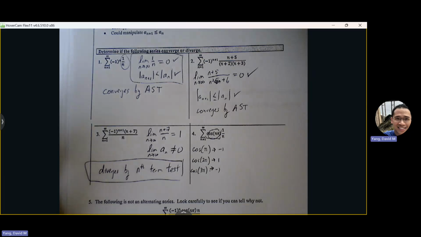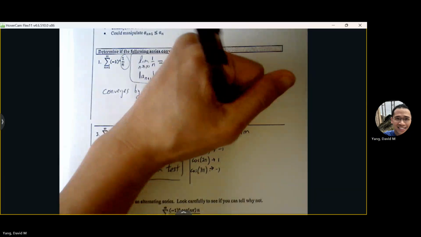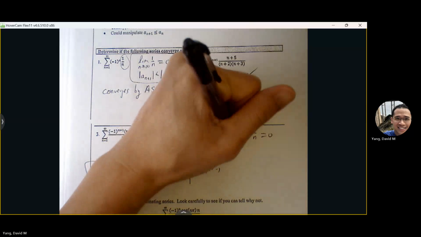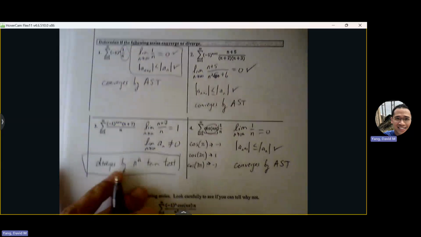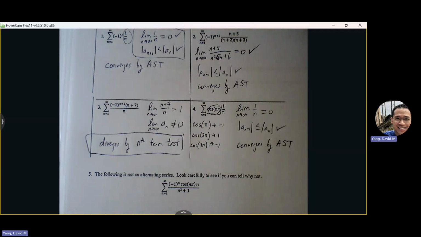So we're going to get the same conclusion. I just want to show that sometimes trig can be used to hide or disguise an alternator or act as an alternator.